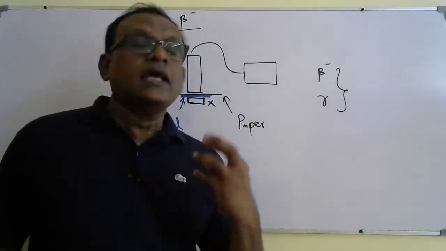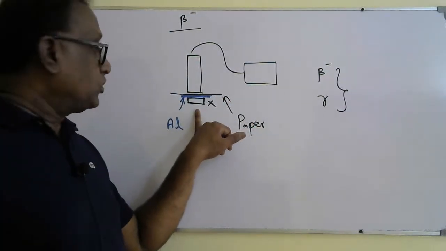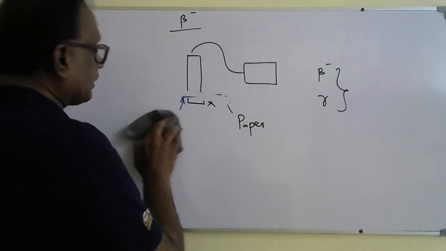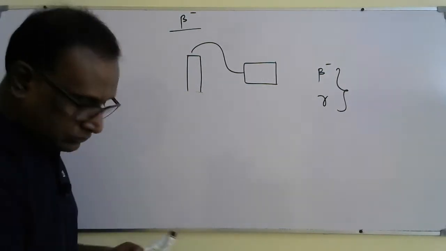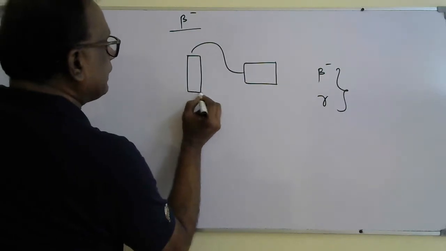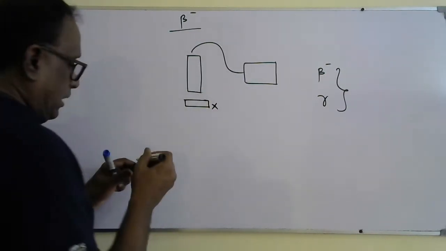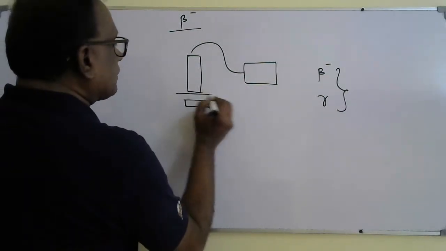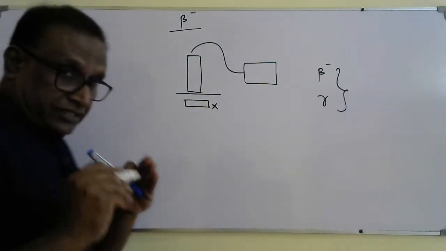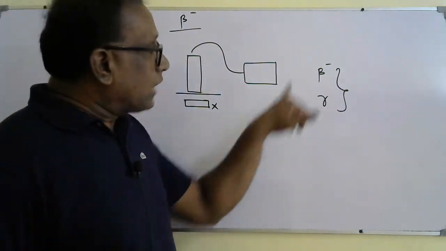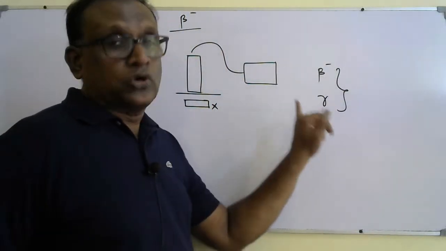So again I am telling, keep the source closer to the GM tube window. First keep a thin sheet of paper. This is the GM tube window. Keep the source closer to the GM tube window, keep a thin sheet of paper, and measure the count rate. If the count rate is well above the background count rate, it could be due to either beta minus or gamma or both together.